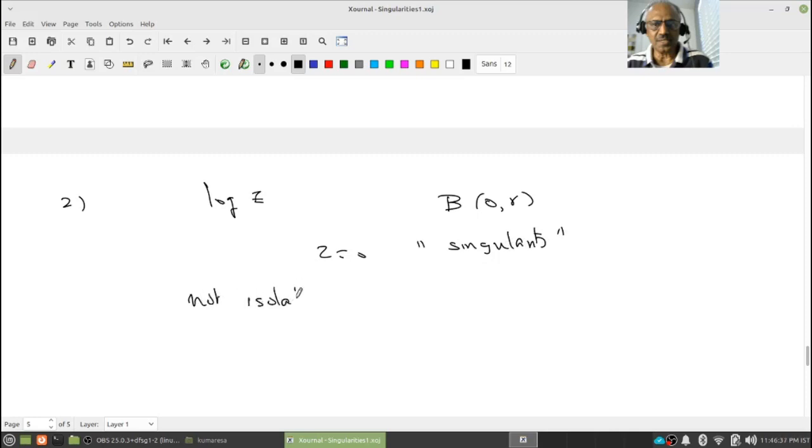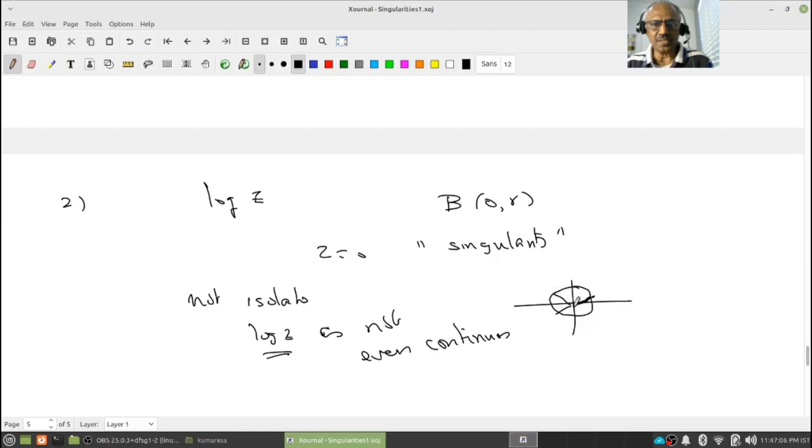Why? Because in any neighborhood of 0, log is not defined as a continuous function. Remember, the only way I can define it as a continuous function is to delete one semi-axis.